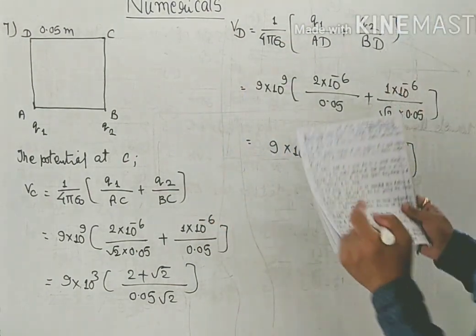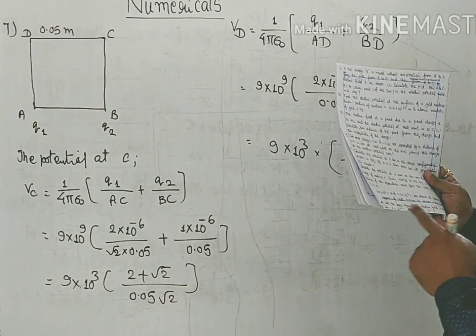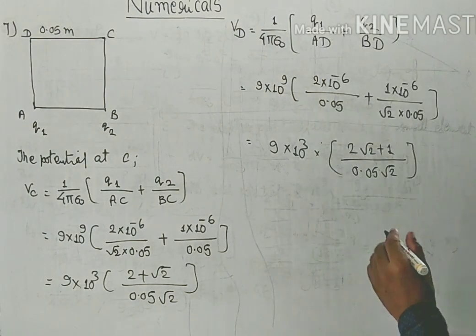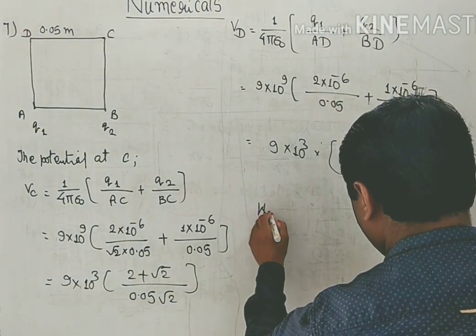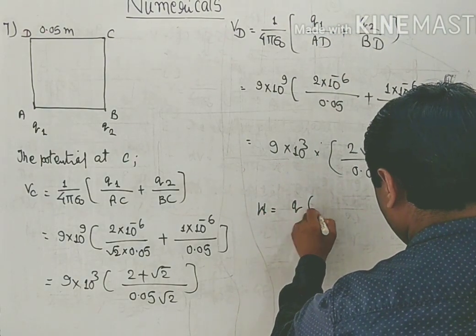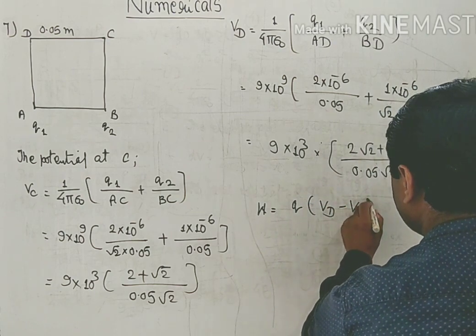Now to calculate the work done, we need to calculate the potential difference between C and D. So W equals Q into (VD minus VC).